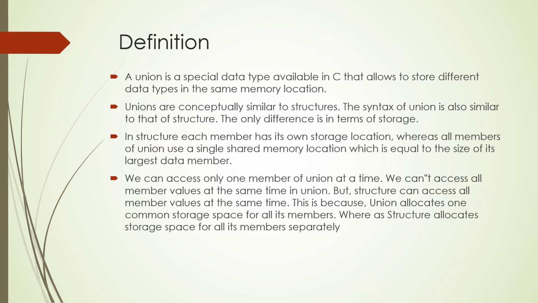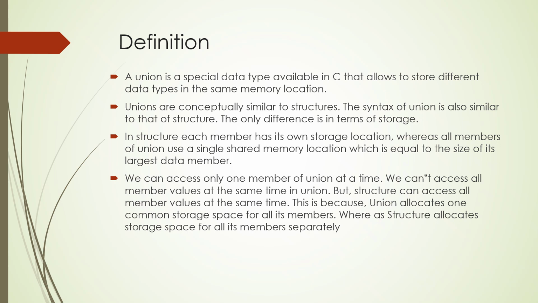Let us start with the definition. A union is a user-defined data type in C that allows storing different types of data in the same memory location. It is similar to a structure in terms of syntax, but the key difference lies in memory usage. In structures, each member has its own memory location, but in a union, all the members share a single memory space.